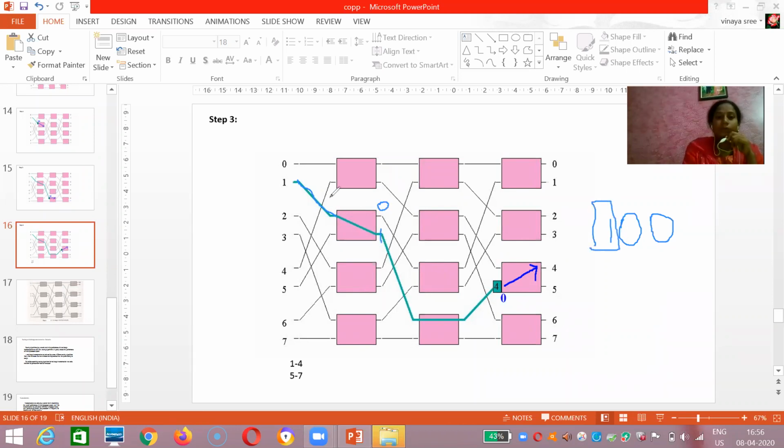It is 1. So what we have to do? You have to connect this 1. What is the path here? Until here you can reach, but you have to decide based on the bit. If it is 0, you have to go this way, or if it is 1, you have to come down. As we are having 1 in the first stage, then definitely you have to come down.